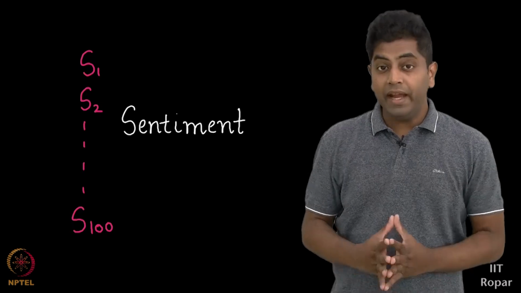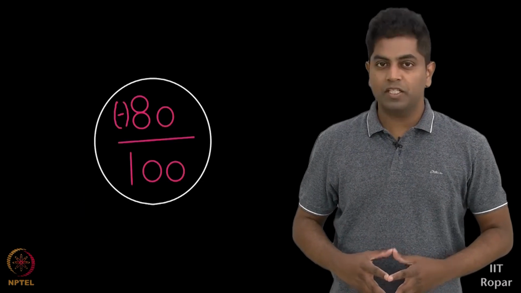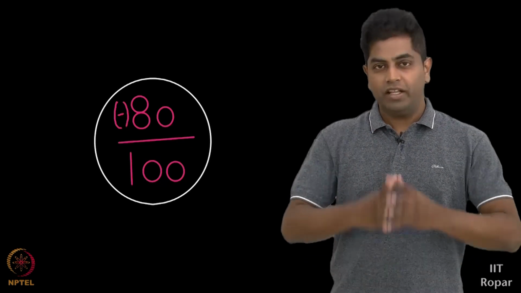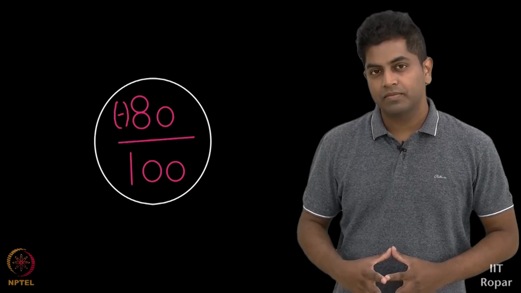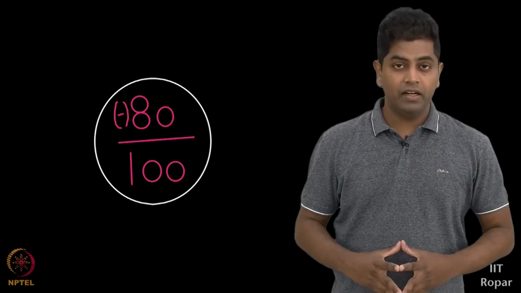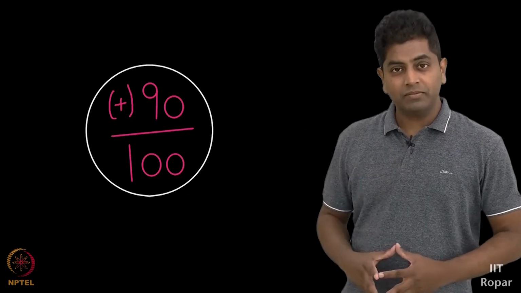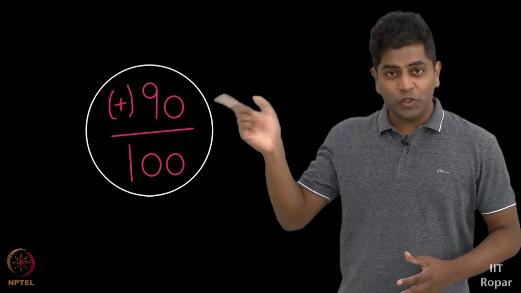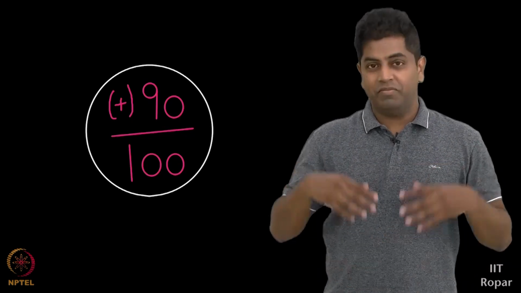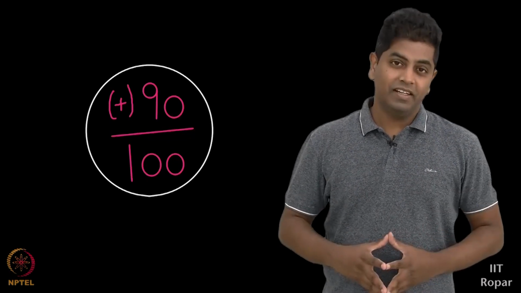Assume 80 on 100 were negative, which means this person is undergoing some trauma in his life or isn't in general a happy person. On the contrary, what if 90 messages out of 100 were full of joy? It means this person, if you're on the lookout for a spouse, you should marry this person, right? A very happy partner will sort of spread happiness, and happiness, as you know, is contagious, right?